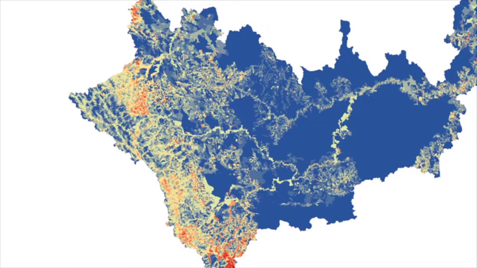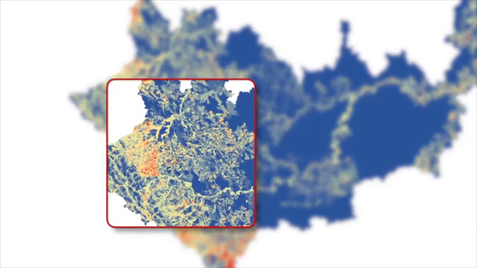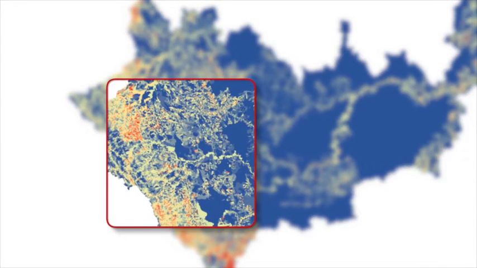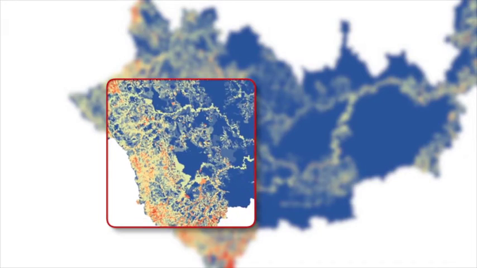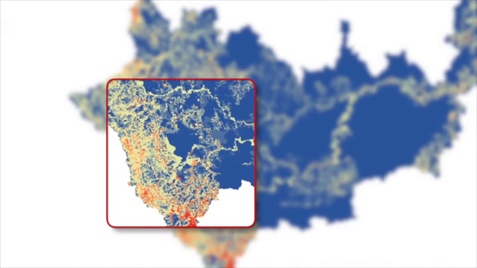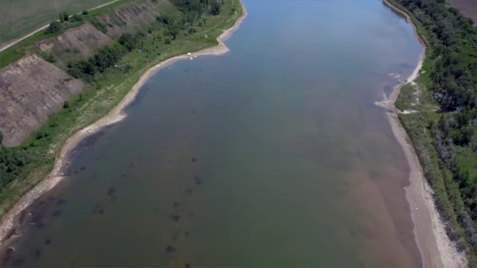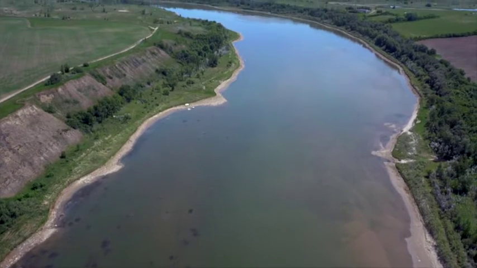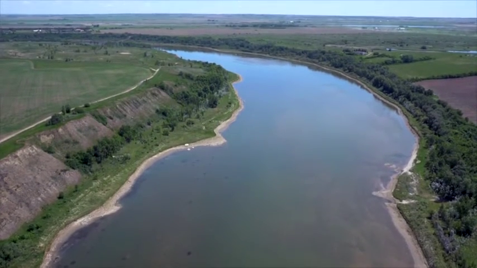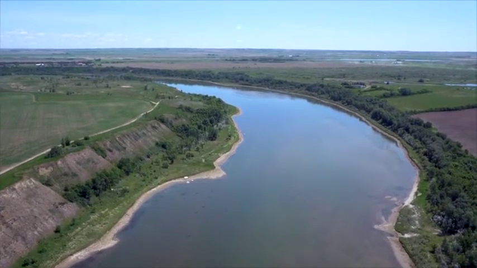We have areas with brighter colors which indicate higher nutrient loadings into the river system, and higher yields of nutrients from these land surfaces. This shows us potential hot spots in the future and provides us with management options that can alleviate the nutrient loading for the whole South Saskatchewan River system.